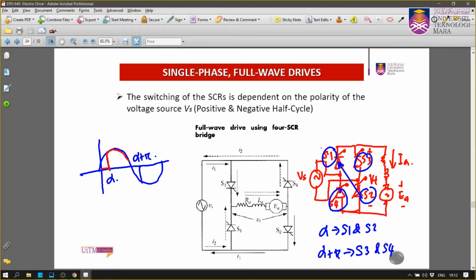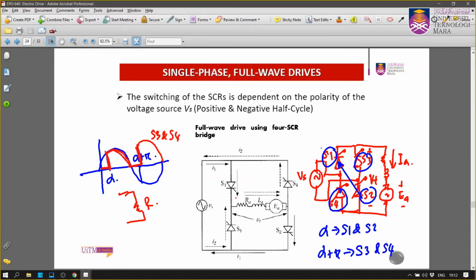So you go there and then stop. Then you have this voltage for S3 and S4. When S3 and S4 are on, this is the output voltage. This is only for a purely resistive load. Okay, we consider a purely resistive load, so this is the output voltage that you receive at the output.